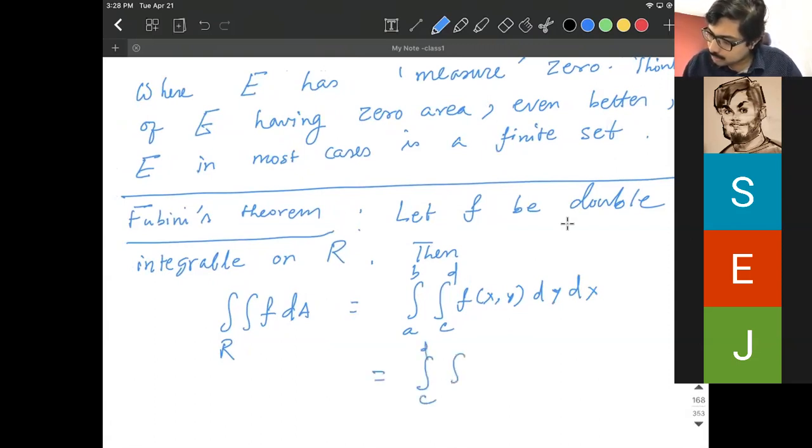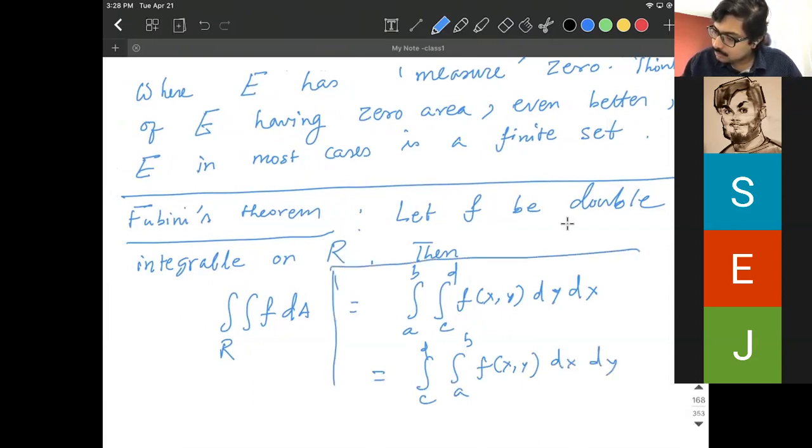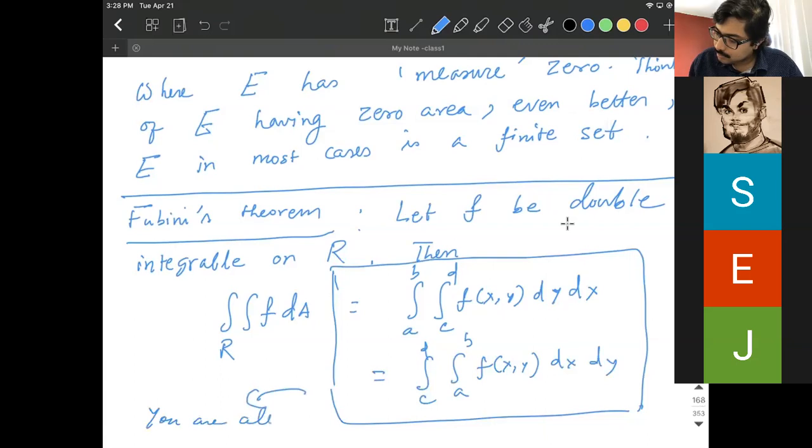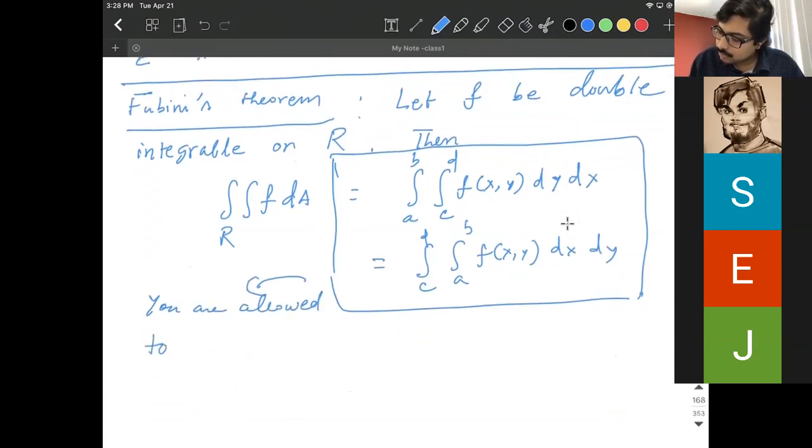So first integrate along AB and then along CD. So this switching is the key. So you are allowed to flip.